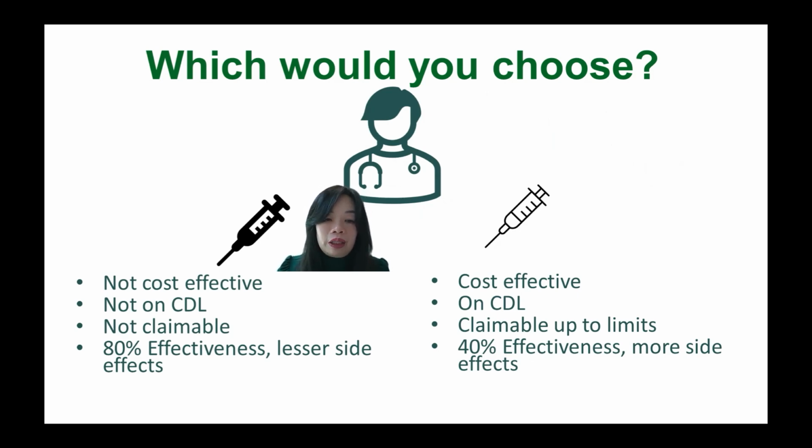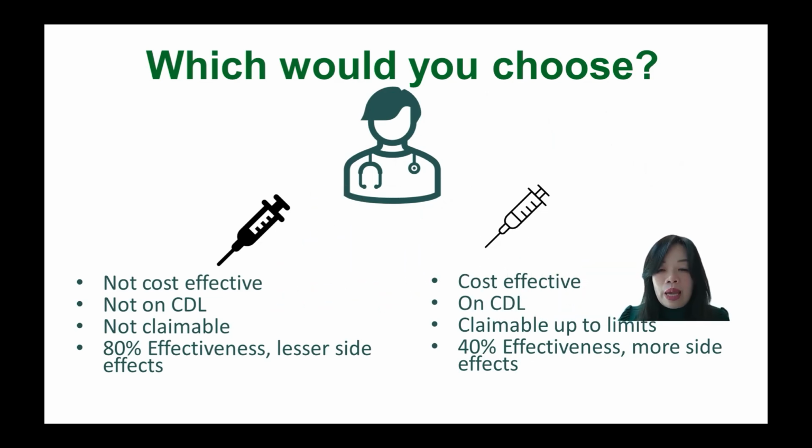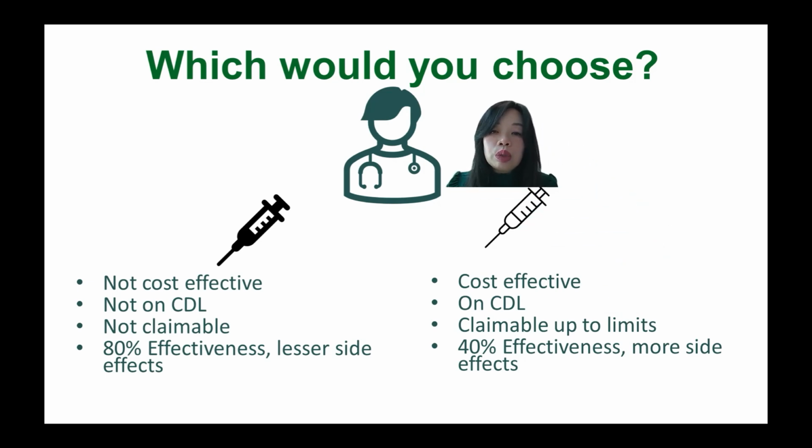However, its effectiveness is 80% and it has lesser side effects. Another medicine is more cost effective, therefore it is under the cancer drug list and is claimable up to its limits. However, the effectiveness is only 40% and there will be more side effects. So the question to you is, if you are in this scenario and the doctor presents you these options, which option would you take?